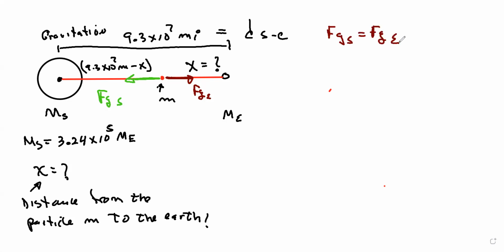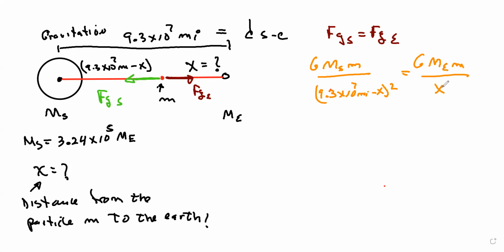That's going to be G, the constant of universal gravitation, times the mass of the sun, times the mass of the little particle, over the distance 9.3 times 10 to the 7 miles minus x, squared, equal to G times the mass of the Earth times the mass of the little particle over x squared.